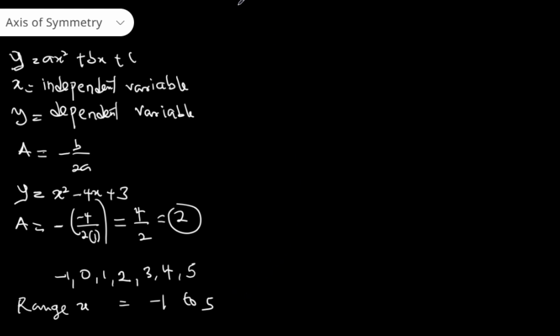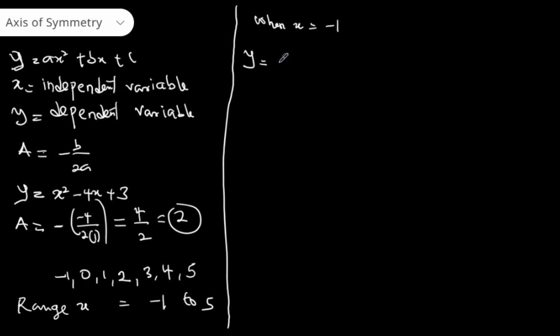So at this point, I can now get the values for y. When x equals minus 1, y equals minus 1 squared minus 4 times minus 1, then plus 3, using this quadratic equation given.